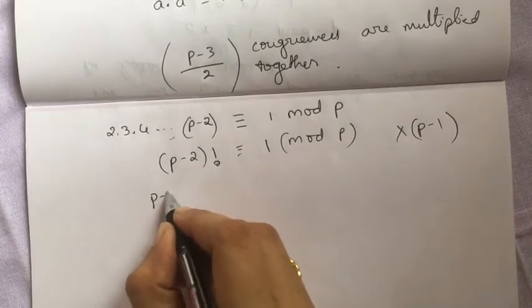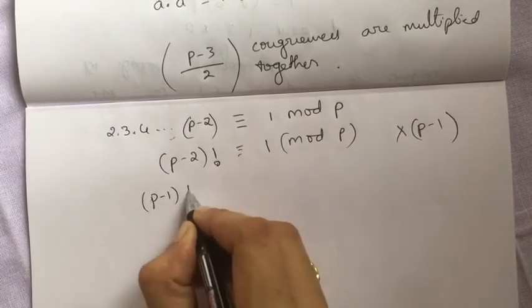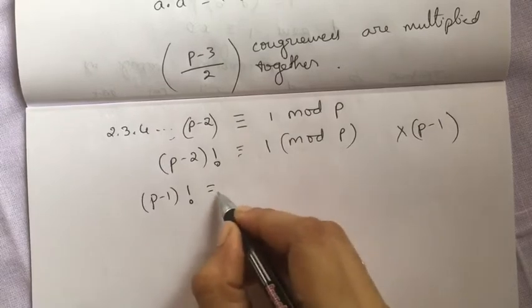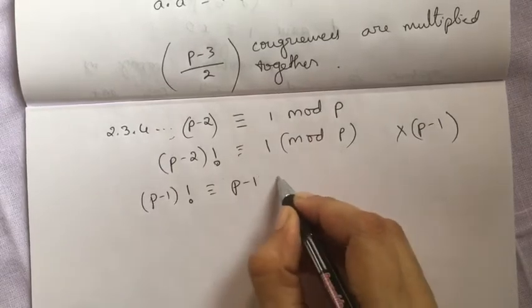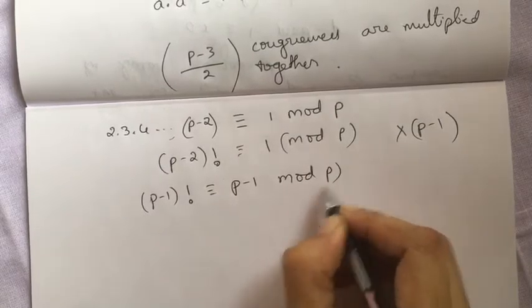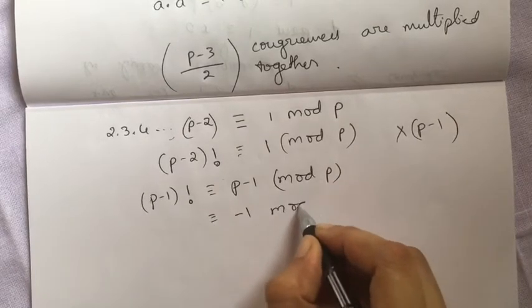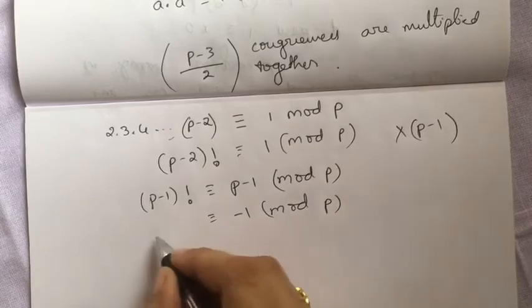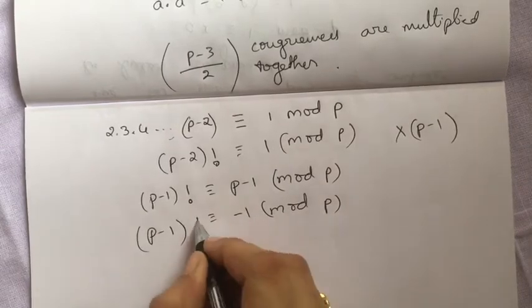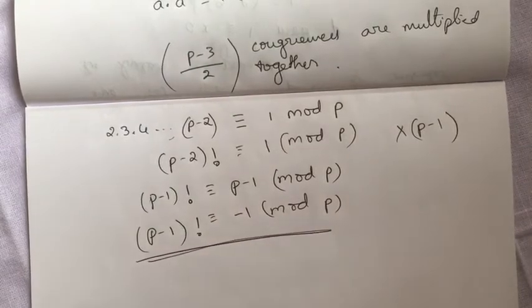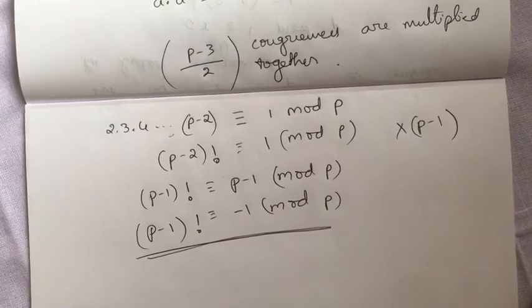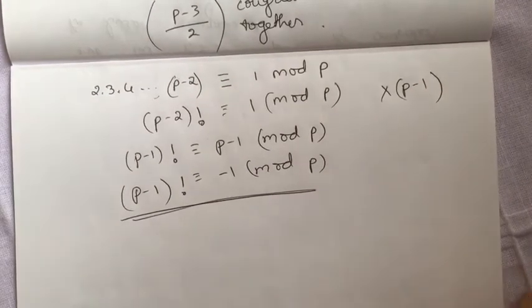Now I'm getting p minus 1 factorial is congruent to p minus 1 mod p. But it is in turn congruent to minus 1 mod p. Therefore, p minus 1 factorial is congruent to minus 1 mod p.